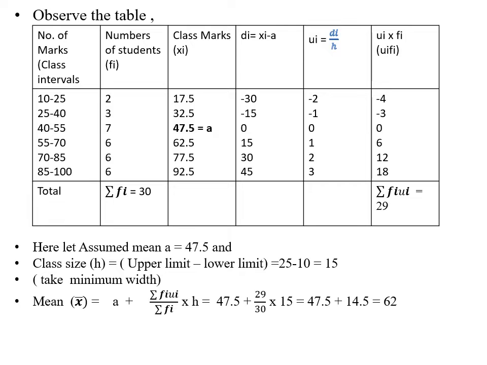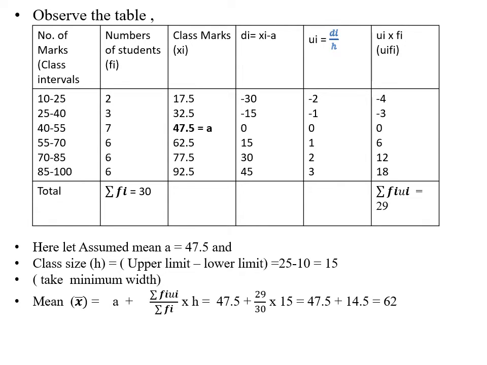Di is the step deviation and h is the class size, which we have already calculated below the table, that equals 15. So minus 30 upon 15 gives you minus 2. Minus 15 upon 15 gives you minus 1. 0 upon 15 means 0, 15 upon 15 means 1, 30 upon 15 means 2, and 45 upon 15 means 3.